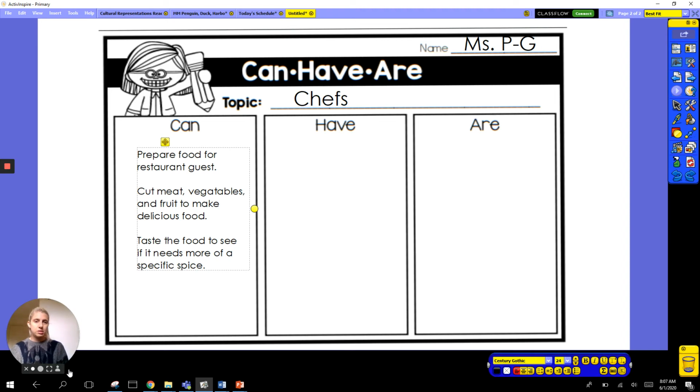Spice. So I'm using the word can, and I'm thinking of sentences that show what chefs can do.